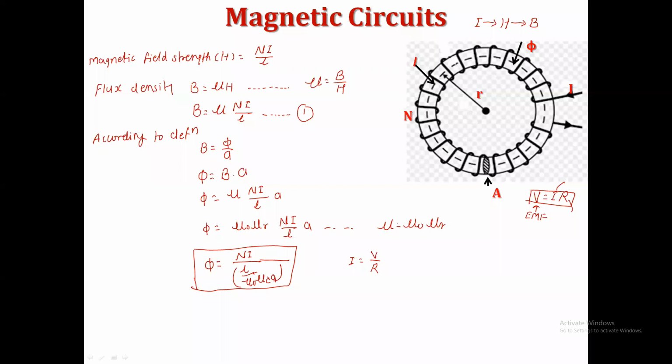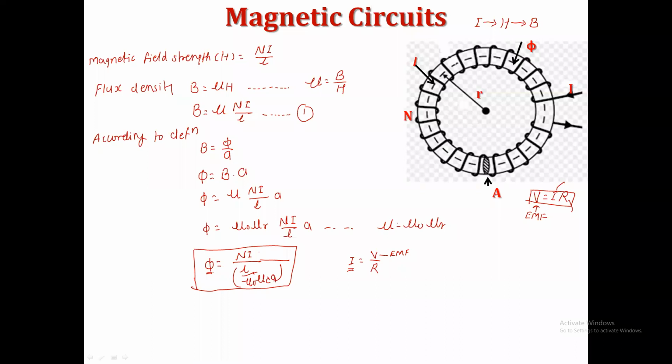Now, try to compare. In the DC circuit, I is the actual movable term. In the magnetic circuit, what is the movable term? Flux. It's a flux. In the numerator, V is nothing but what? We call it EMF, electromotive force. Is it right?